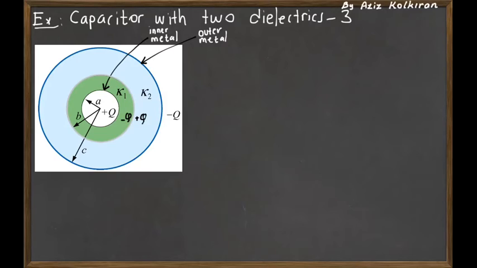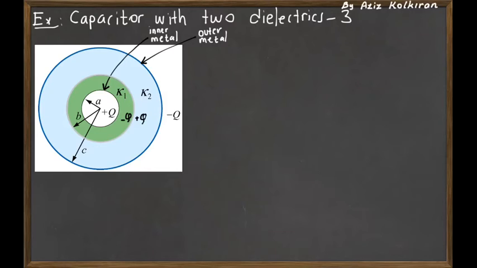Well, nothing changes if you put a very thin metal shell just on the border between the two dielectric materials K1 and K2. You see only the cross section of this spherical capacitor, and we put a very thin metal shell in between the two dielectric materials, and there will be no difference.